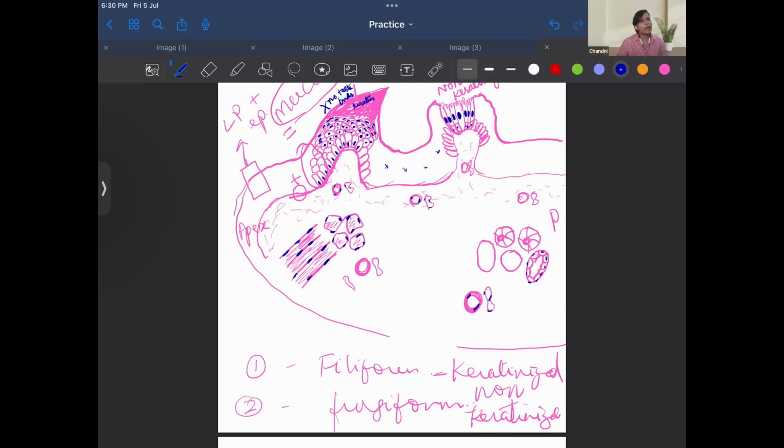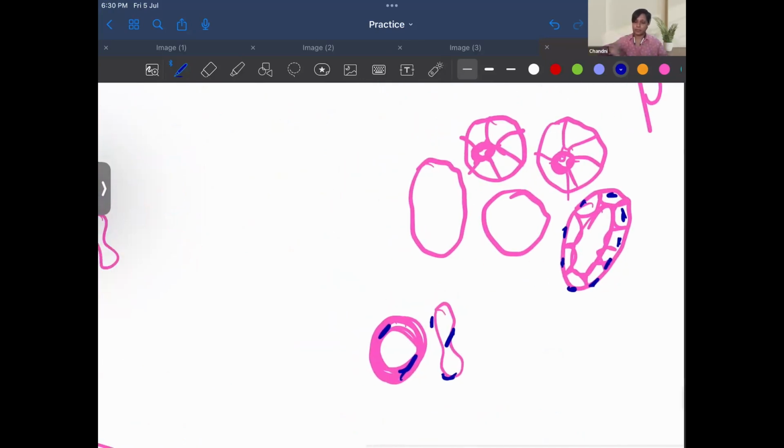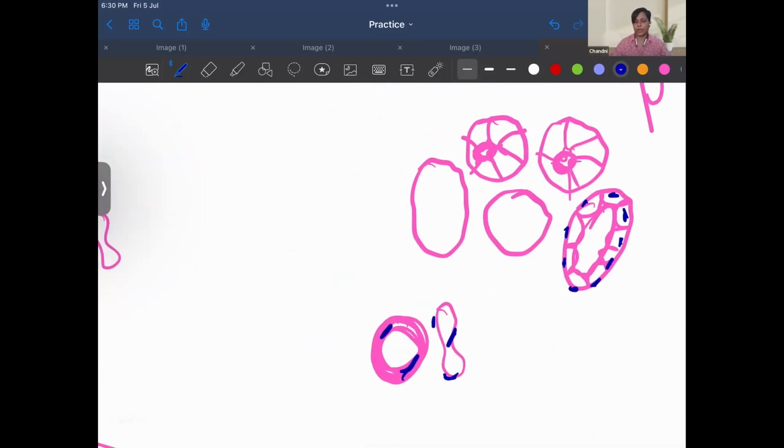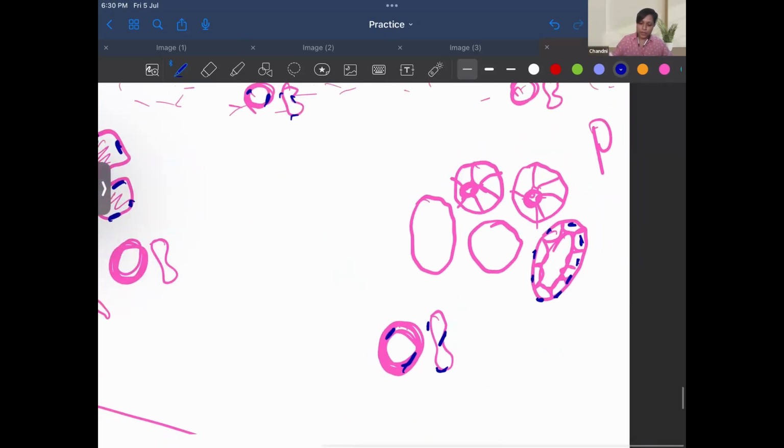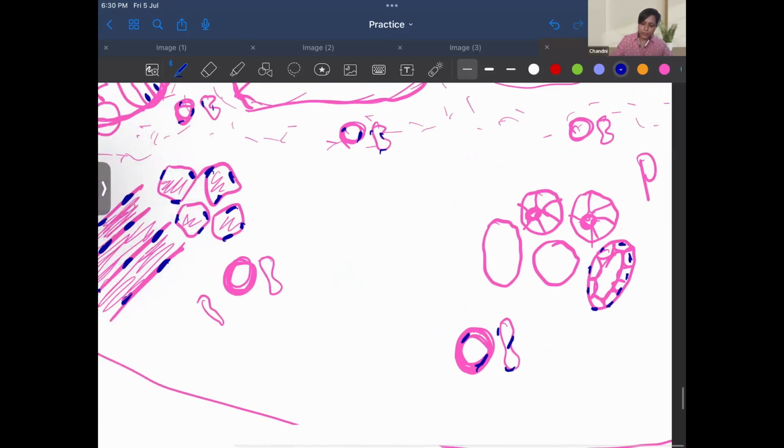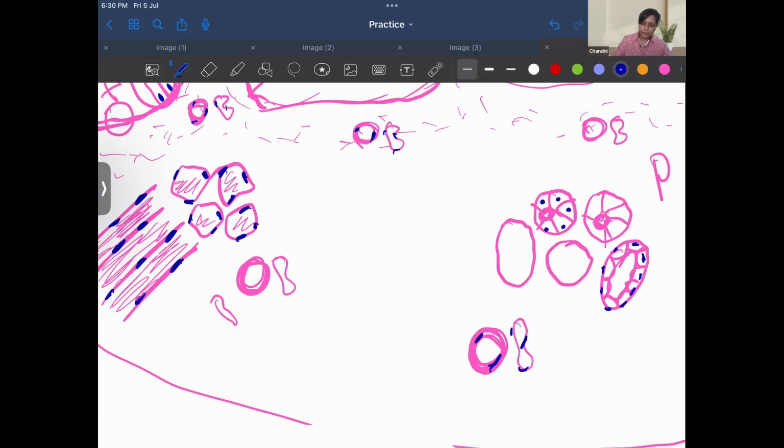They have a very empty look, because when you are processing your slides or your tissue, this mucus gets washed away, and so you don't really see it. Which is why under the microscope they look like empty spaces. Okay, so this is one thing that you have to draw: pyramidal cells with rounded nuclei.